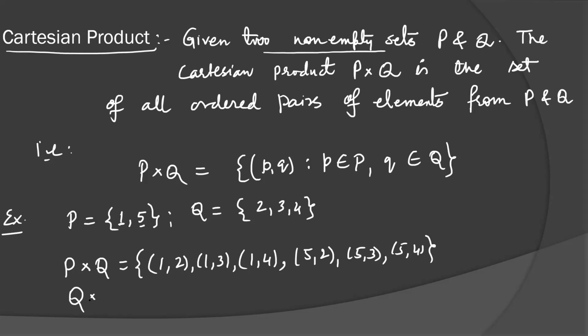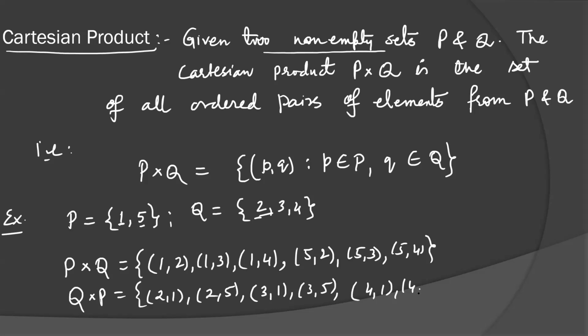Similarly, we define Q cross P. We have to take elements of Q as the first element and elements of P as the second element. So it will be 2 comma 1, 2 comma 5. Similarly, 3 comma 1, 3 comma 5, 4 comma 1, 4 comma 5. We can see that 1 comma 2 is not equal to 2 comma 1.